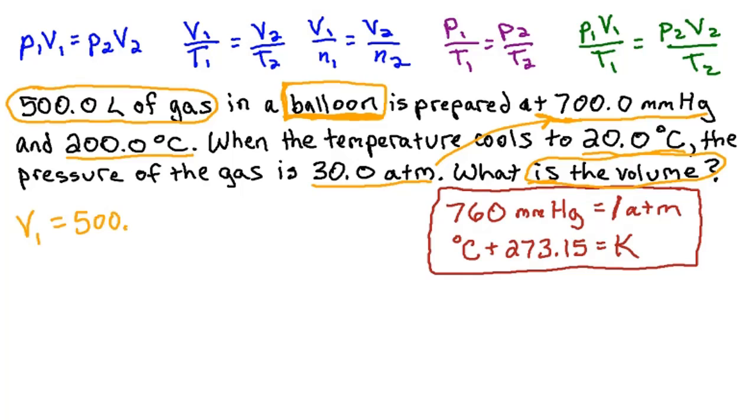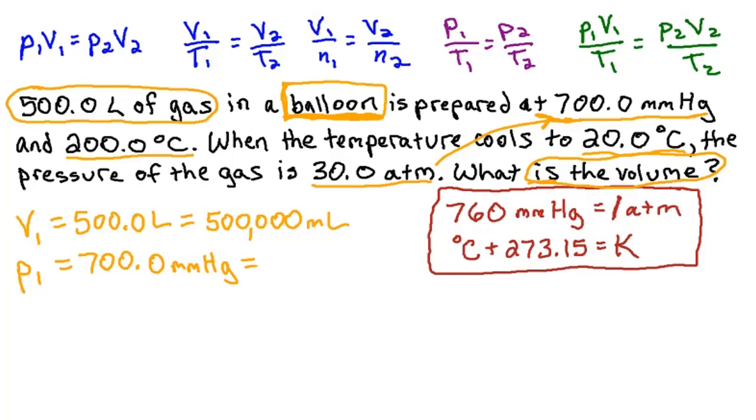So 500.0 liters, and that's the same as 500,000 milliliters. And then our first pressure, our P1, is 700.0 millimeters of mercury.